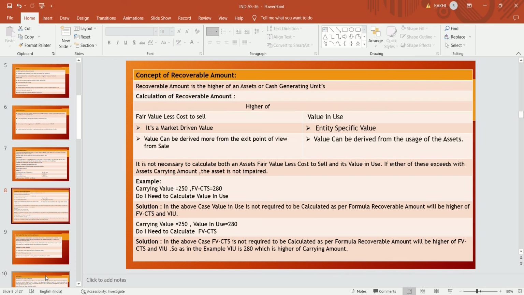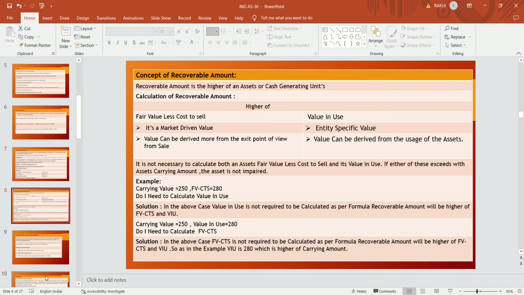Recoverable amount is the higher of fair value less cost to sell and value in use, in both cases for individual assets or a group of assets, that is a cash generating unit. So how will we calculate it? Firstly, we will calculate the fair value less cost to sell, then we will calculate value in use, and then we will compare both, and whichever is higher, that is our recoverable amount.